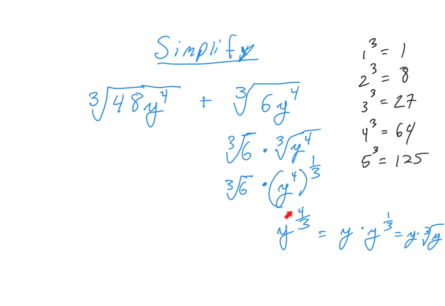Up here we had 4 of them in the cube root, which is what we had up here at the top. 4 of the y's inside the cube root. So as that fraction looks, the numerator tells me how many I started with on the y. The denominator tells me the root level. Cube root, y to the 4th. That's what I had, cube root of y to the 4th, here to here.